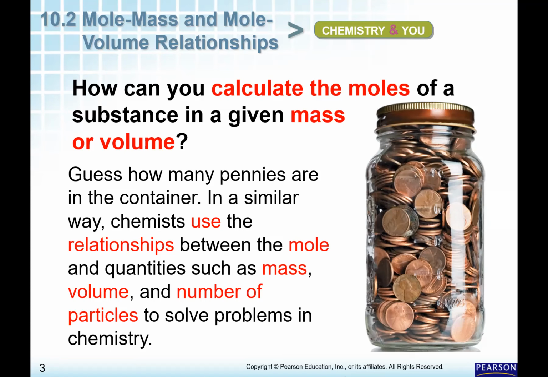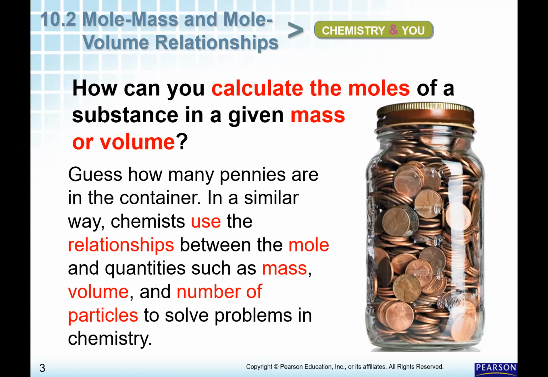Yes, I think that is the correct answer: you weigh the whole jar and you weigh 1 penny and then divide the whole by that. That will give you an estimate, of course, because there's the mass of the glass and stuff like that. But you weigh one of them and weigh the whole thing and divide this by that. Then you're going to get the number.